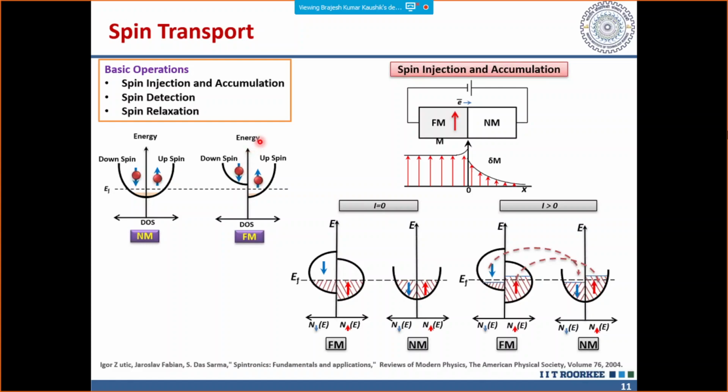In ferromagnetic layers, the energy for downspin and upspin will have some difference, and that is how it makes a huge difference for spin transport in these kinds of systems.